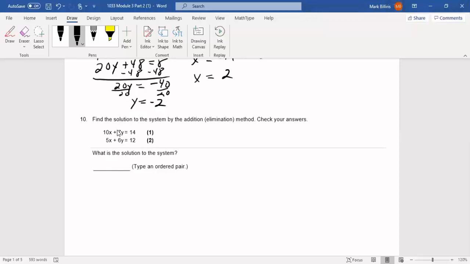So that's not eliminated. And if I add 7 and 6, that gives me 13. So neither would be eliminated. So what we're going to do is multiply one or both equations so that either the x or the y is eliminated. So I'm going to rewrite the two equations.